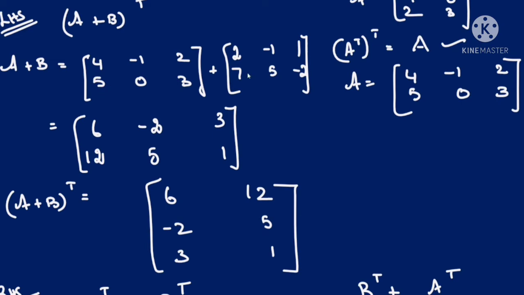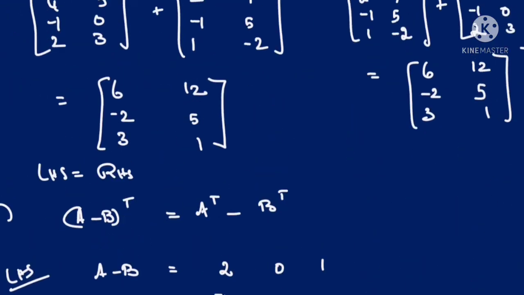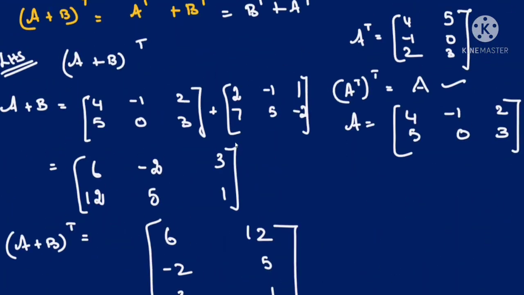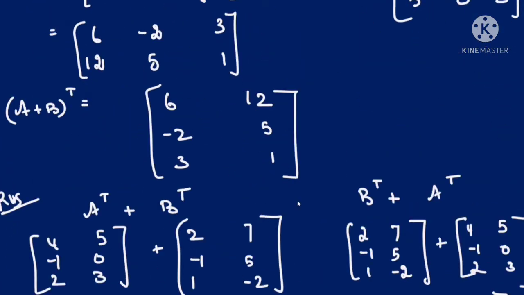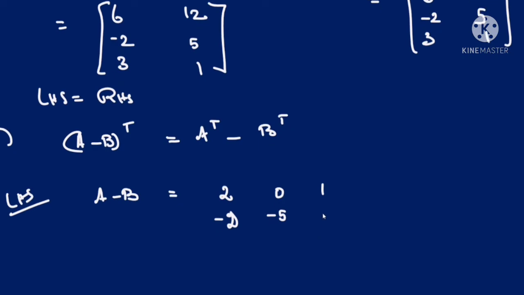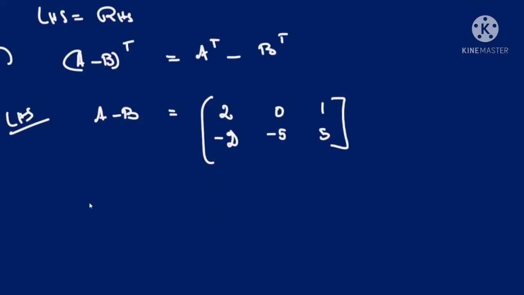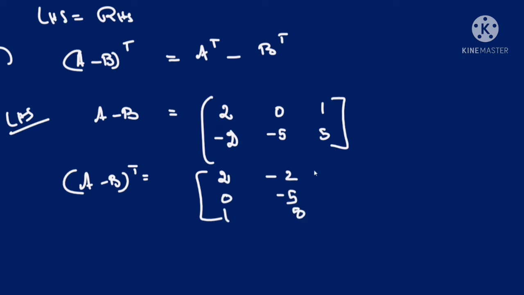Then 5 minus 7, -2. Then 0 minus 5, -5. 3 plus 2, 5. For (A - B) transpose, take the transpose of this. What do you get? The first column will become the first row. 0, -5, 1, 5. That is your (A - B) transpose.